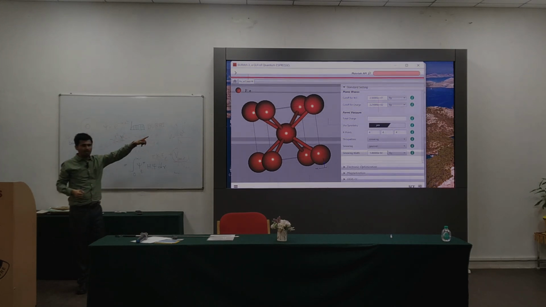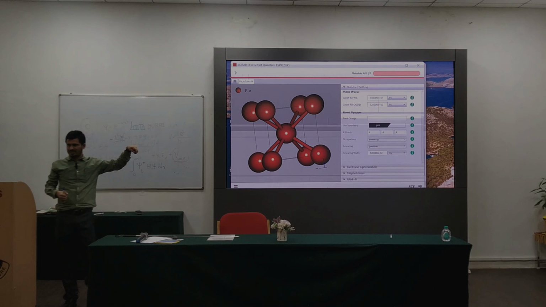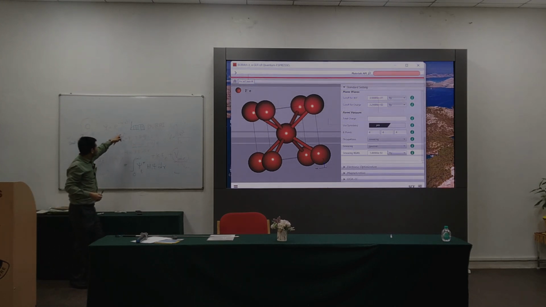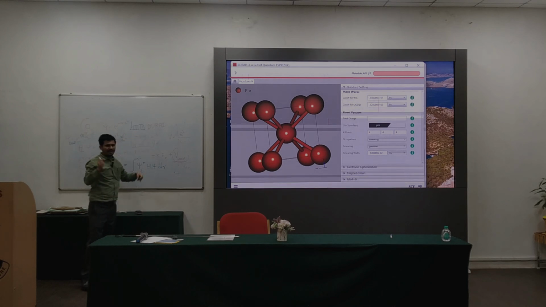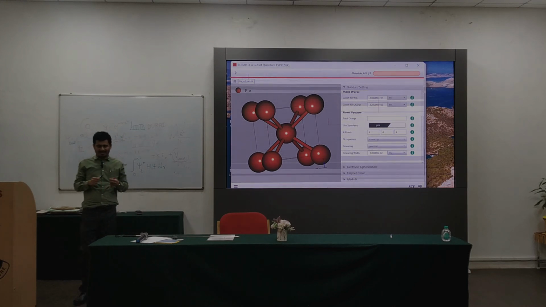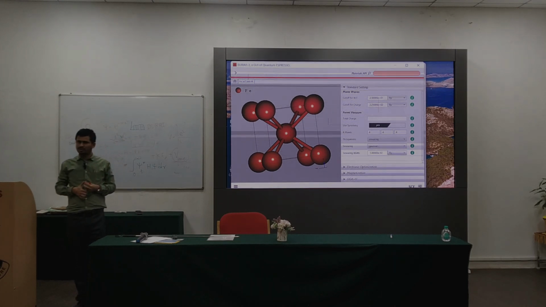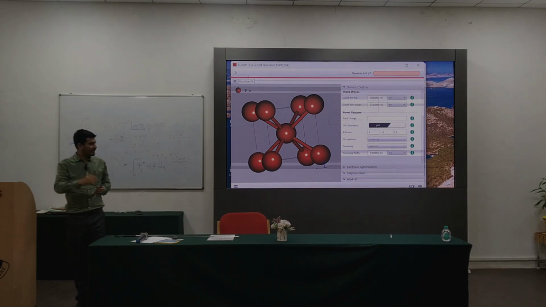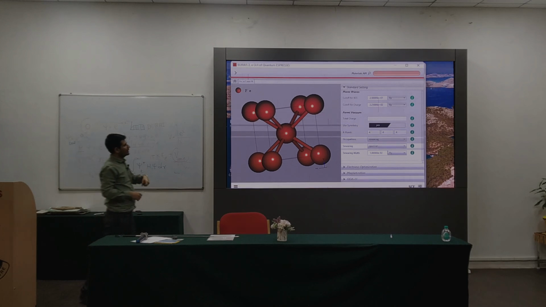Remember, these are all numerical techniques, numerics. So I will specify my k points, how many k points I want. It is another way to say it. You all know the Brillouin zone. So I will segregate my Brillouin zone into 4/4/4 points.